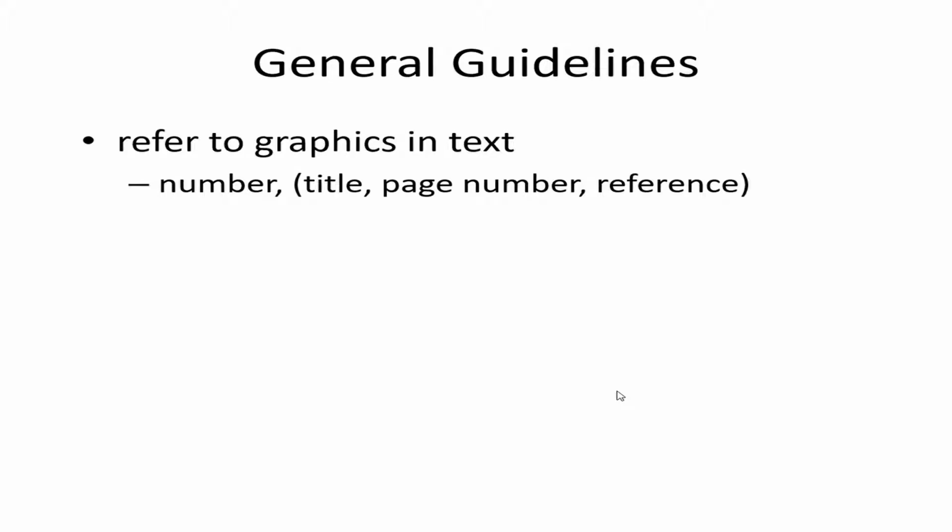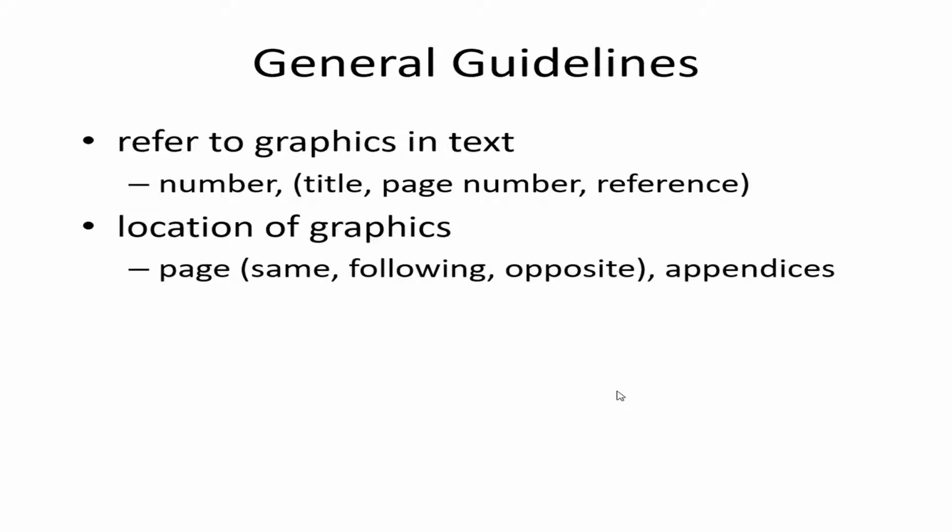When we are writing a document, we have to refer to graphics in the text. And the graph is mentioned either by number, by title, by page number, or by reference. And it has to be on the same page, and if not, on the following page or on the opposite page.